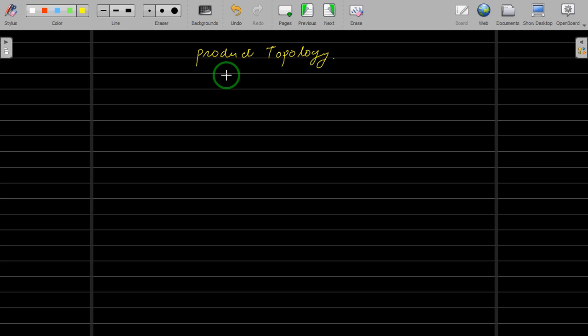As I mentioned earlier, check the definition of cofinite topology, that is complement finite, and show that it's a topology on that set. This is the first one.